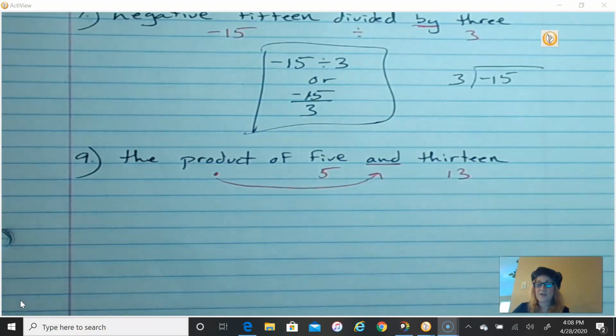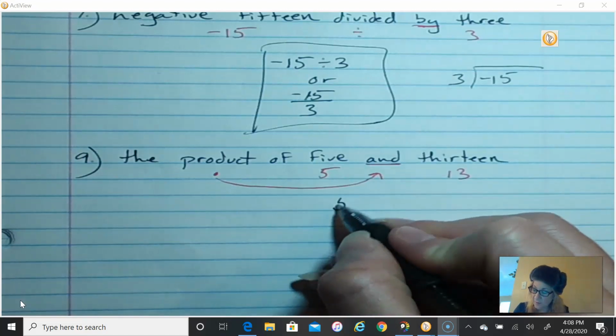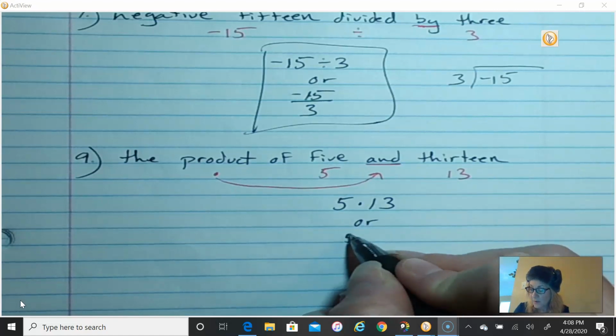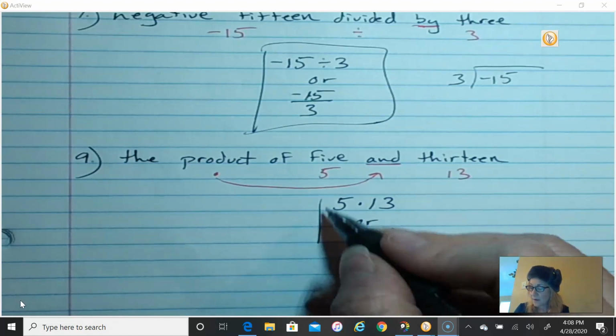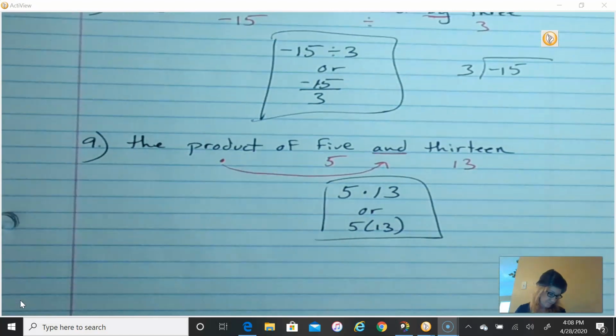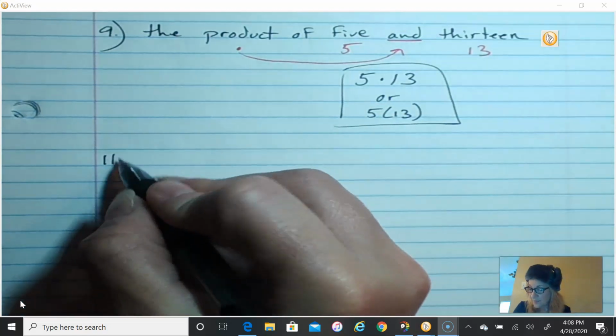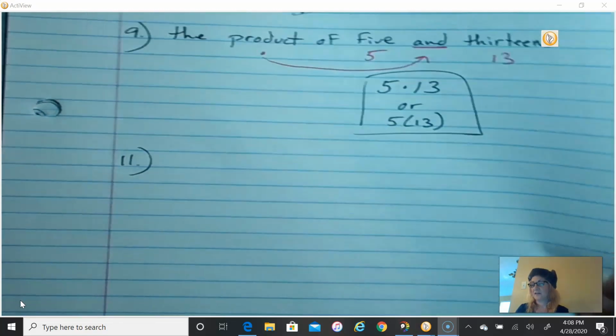This operational sign or whatever goes where that and is, so it's 5 times 13, or 5 times 13. Either one. Okay, y'all ready for some hairier stuff? Yes, I said hairy, because it gets hairy. All right, wait till you see the next lesson.